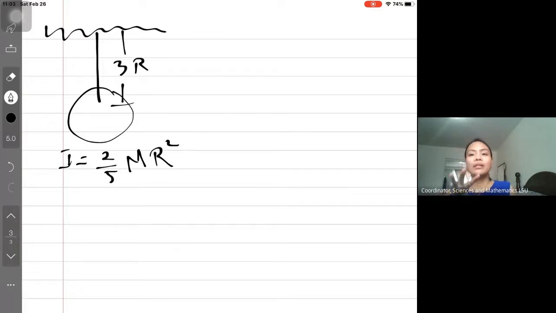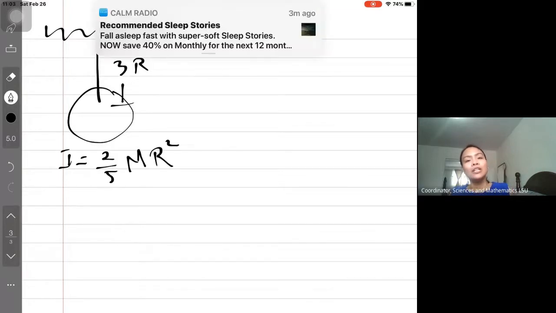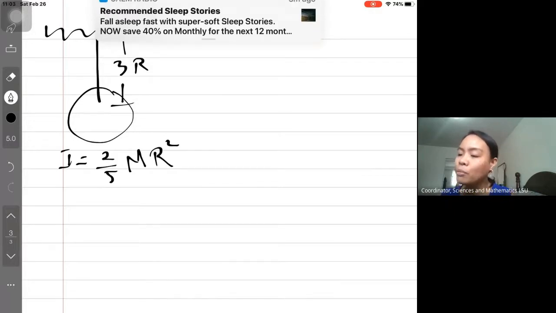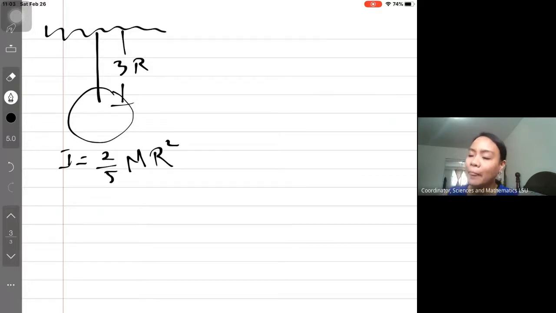Now you are asked what will be the moment of inertia about the point of attachment at the ceiling. So you are asked for the moment of inertia if we are going to rotate here. We are going to rotate both the string as well as the sphere.